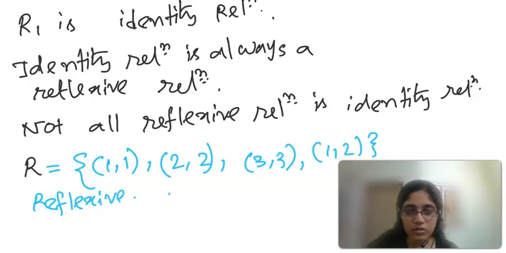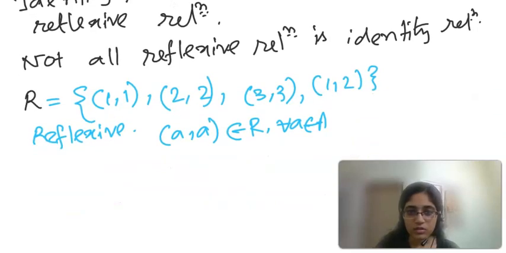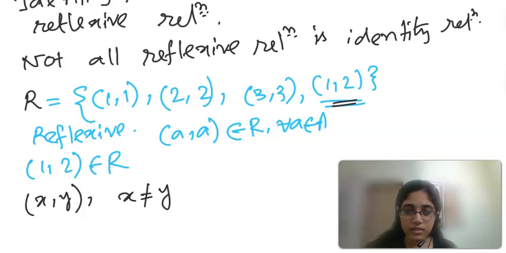Because all the terms (a, a) belong to R for all a belongs to A. But this is not an identity relation because the term (1, 2) belongs to R. In order to be an identity relation, the terms like (x, y), where x is not equal to y, cannot belong to R.